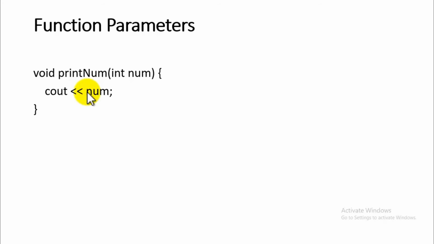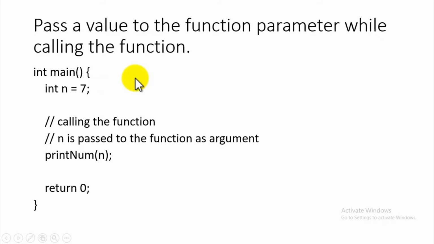So another example is a function with a parameter, which is another kind of function. So you have there void printNum, with a parameter of int num, which means the function is expecting a value which is an int value. So in your int main, you declare a variable n which has a value of 7.